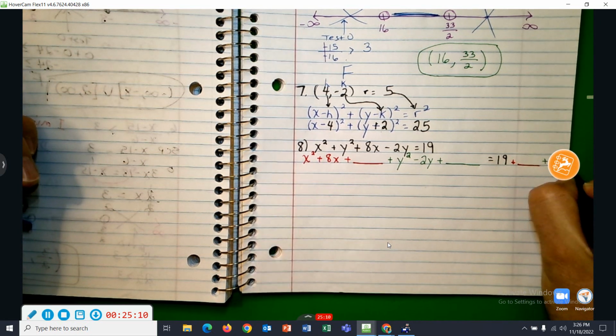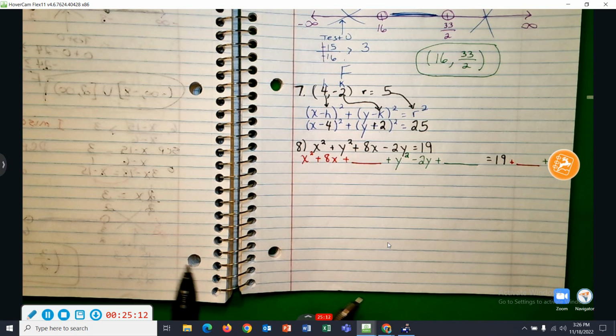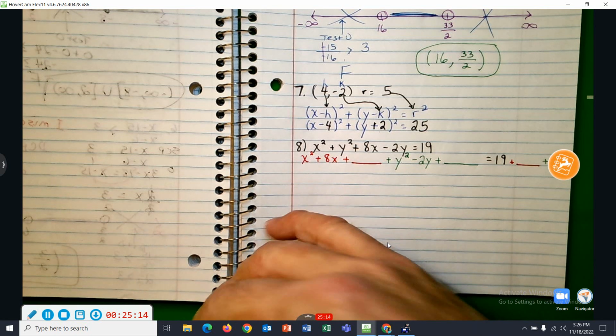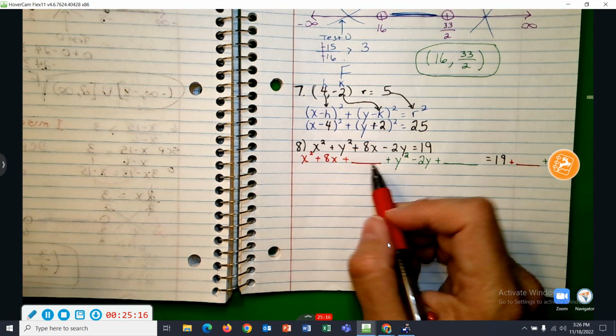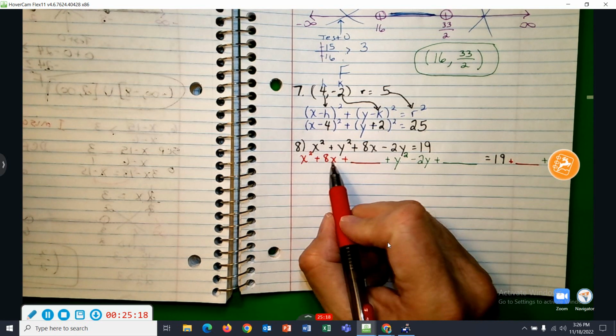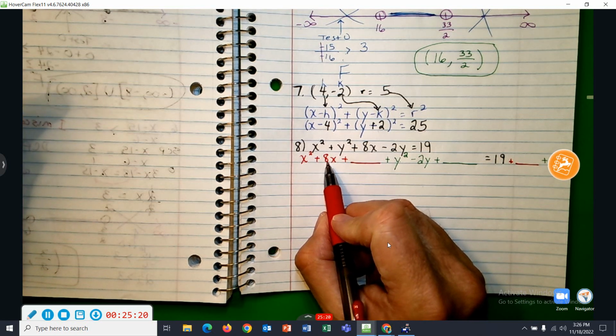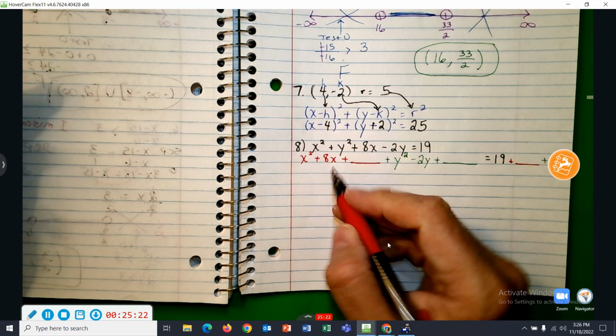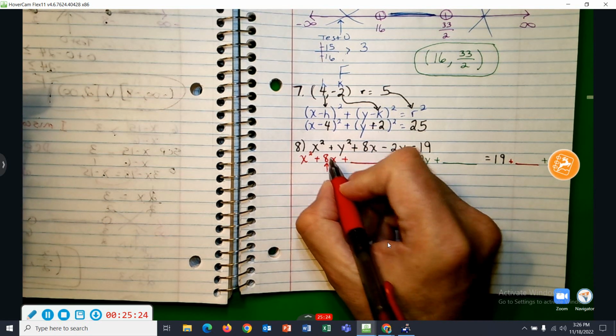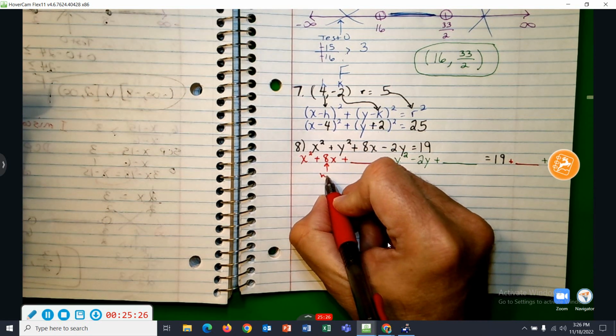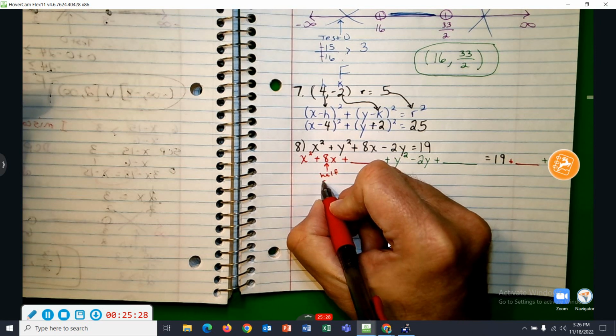In fact, the numbers we're going to add are going to be perfect squares. In order to figure out the number that goes here in the red blank, you take half of this number and then square it. Take half and then square it.